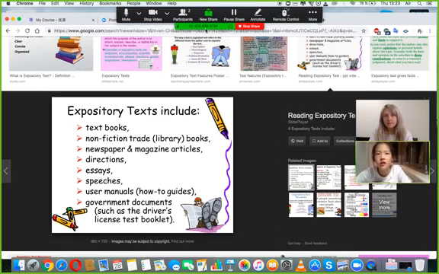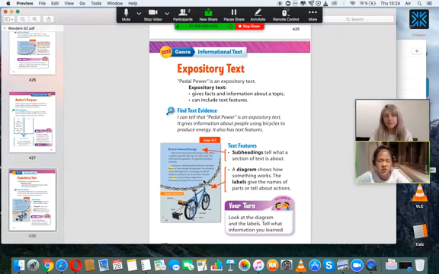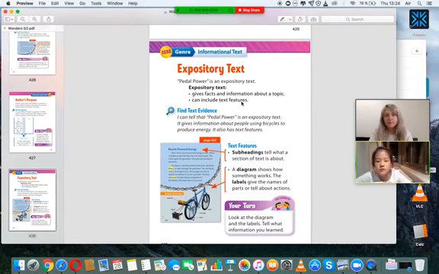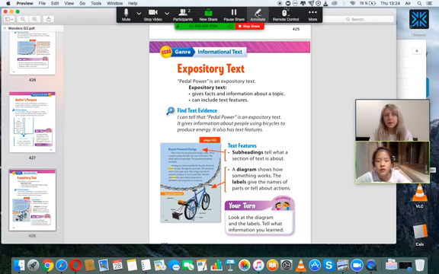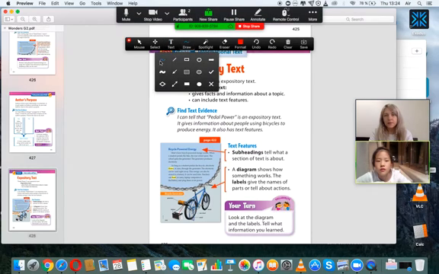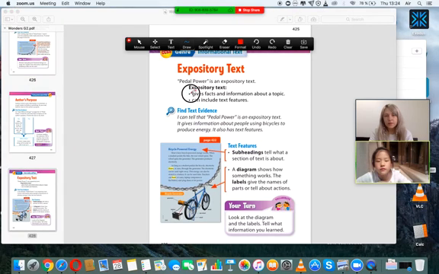It's because some information. And again here. So expository text gives facts and information and can include text features.